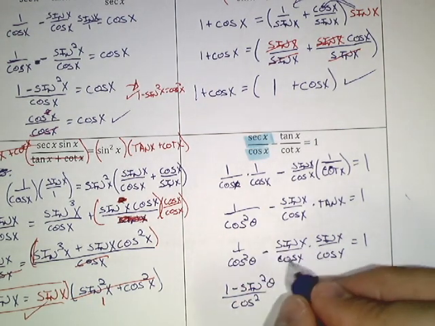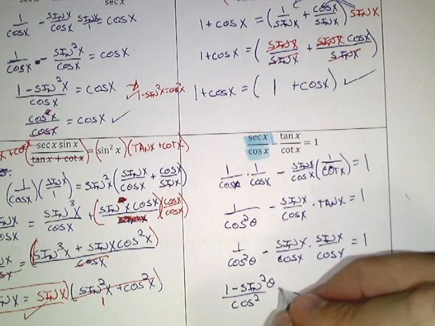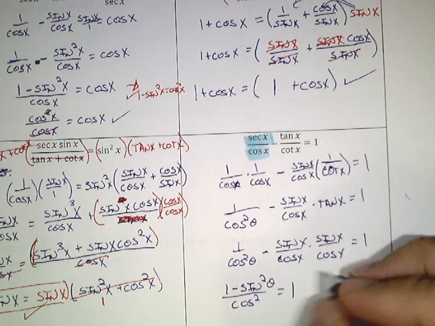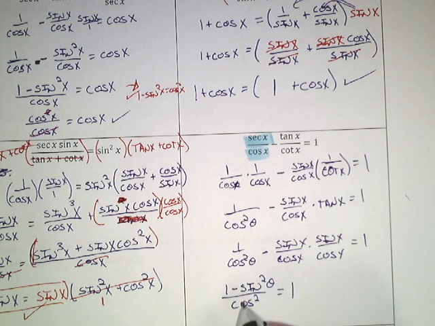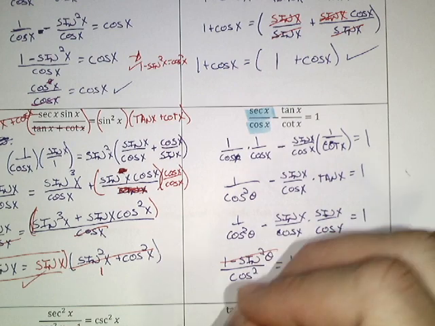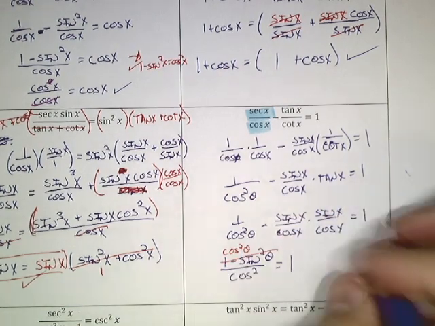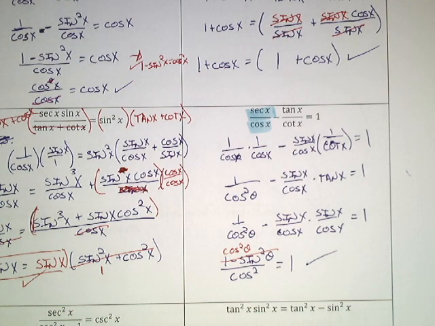So this is cosine squared, this is cosine squared, common denominators, is equal to 1, and that's true. You can either multiply both sides by cosine, or you can replace this right here. Am I still on the page? Replace that with cosine squared theta, and we are correct.